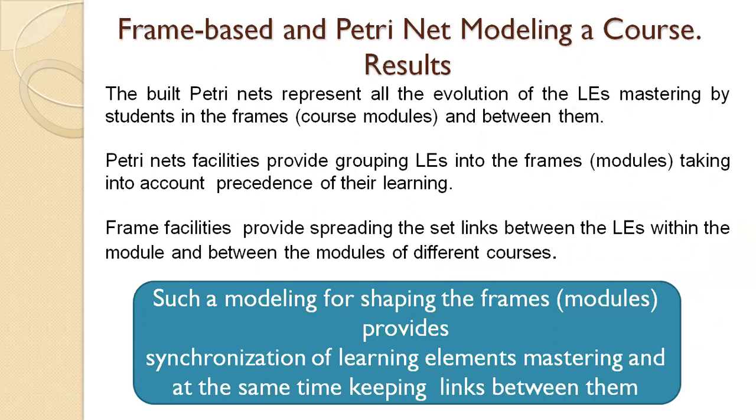And the frame facilities provide spreading the set of links between the learning elements within the module and between the modules of different disciplines. Such modeling for shaping the frames, in fact modules of university courses, provides synchronization of learning elements mastering and at the same time keeping links between them.